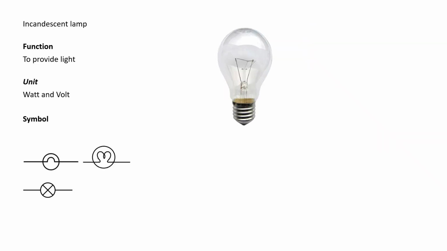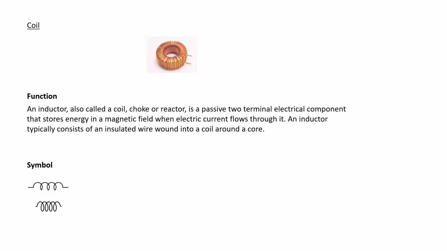The incandescent lamp function is to provide light. The unit is in watts and volts, and there are 3 different symbols that you can use to indicate it. The coil function.